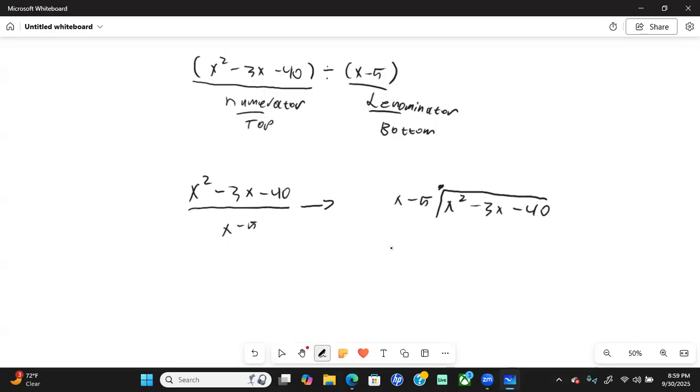So remember, one of the key things that we're going to have to do here is find some number here times everything here to cancel this stuff here.